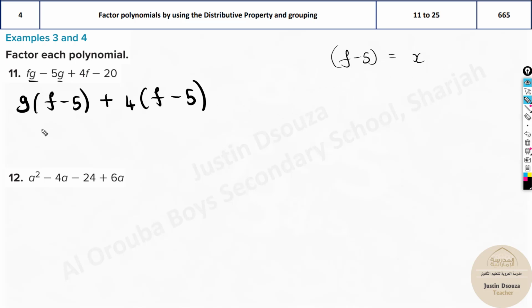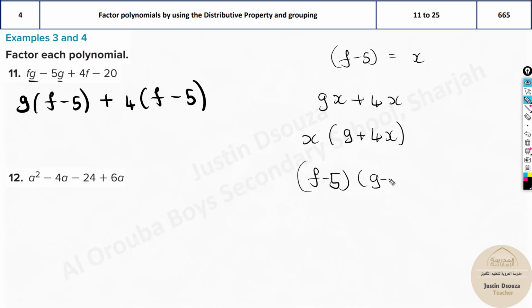So what does this mean? This means it's gx plus 4x. Don't you think I can remove this x common out? Yes, because it's same, repeated, right? So x is common out, g plus 4x. What is x we had initially assumed as? F minus phi. So f minus phi into g plus 4x would be the final answer.